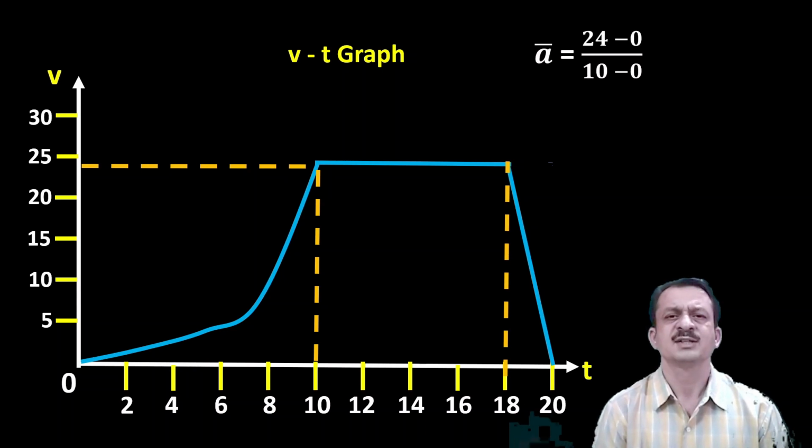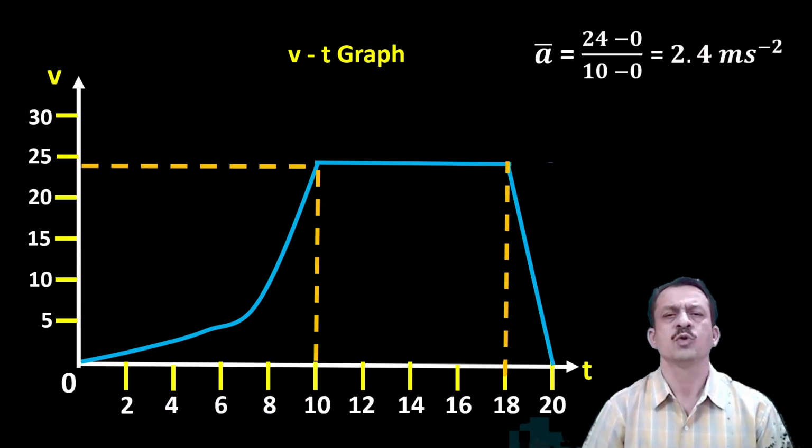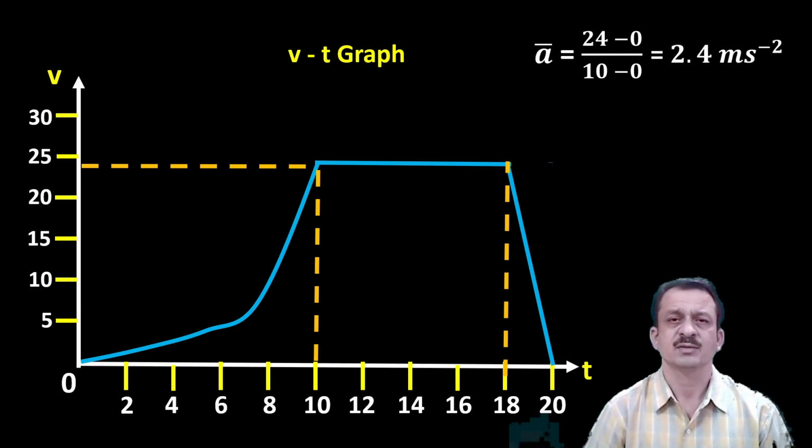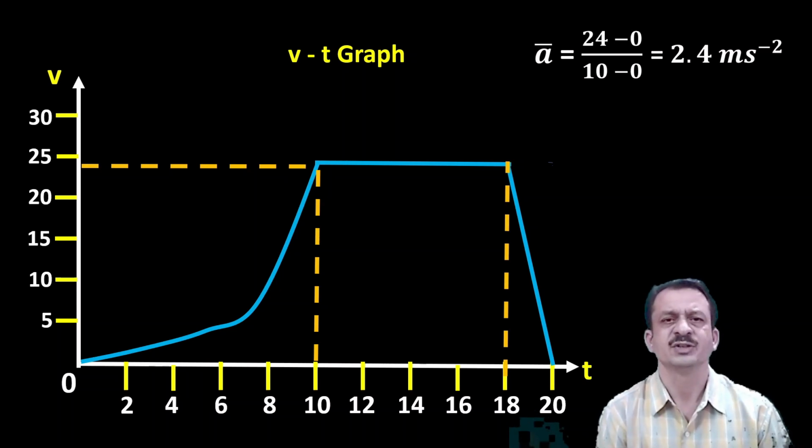Average acceleration in the first time interval from 0 to 10 seconds is given by (v2 minus v1) divided by (t2 minus t1). Now v2 is 24 minus v1 is 0, divided by t2 is 10 seconds minus 0. So 24 by 10 is 2.4 meter per second squared. Because here we are calculating average acceleration, in the first time interval the average acceleration is positive, that is 2.4 meter per second squared.